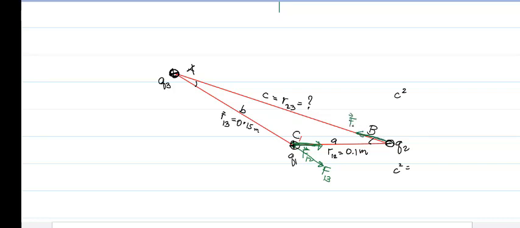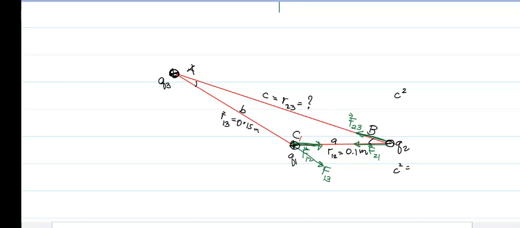How about 1 and 2? Since they are attractive because they have different signs, this is the direction of our F21. And again, to know the magnitude of these two forces, you have to use Coulomb's law, so you need the magnitude of the charges and the distance between them. The reason why we computed for R23. But R12 is already given, so there's no problem.